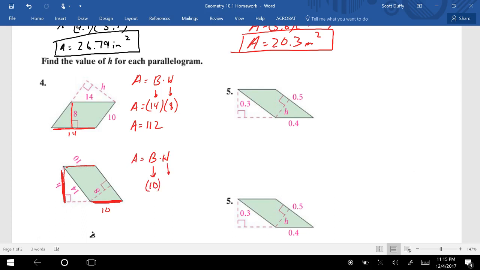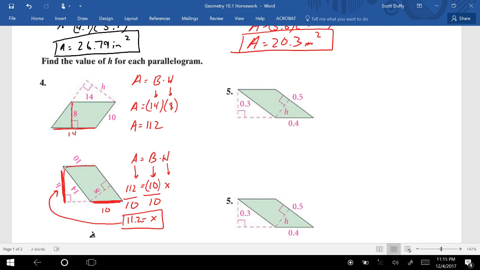Height, I don't know, so I'm going to call that x. And area, we already figured that out. That's 112. So I'm going to divide by 10 on both sides. And x, my height, will be 11.2, I believe. That is it. That is your height.